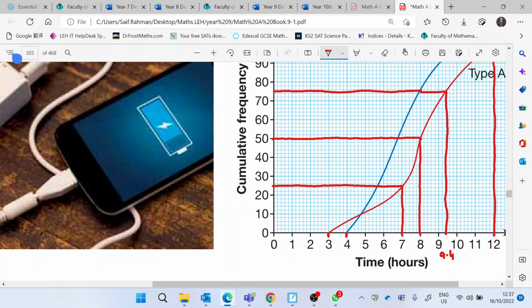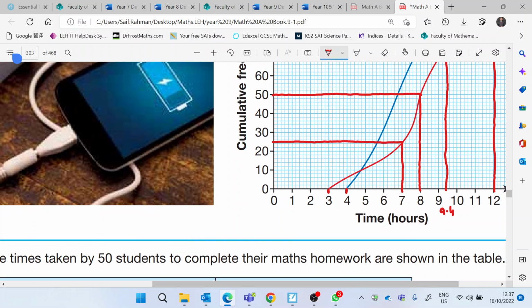Okay, so 7 is Q1. This one for the red is Q3, this one for the red is Q1, and this one is the median. This one is the maximum, and this one is the minimum.